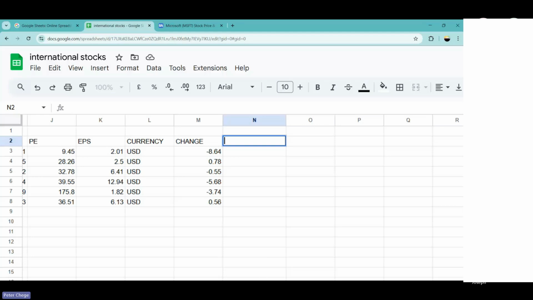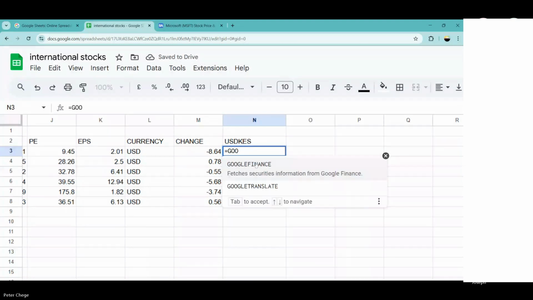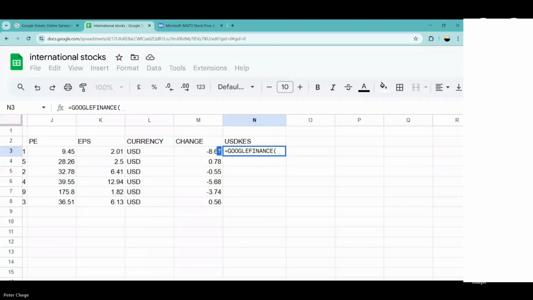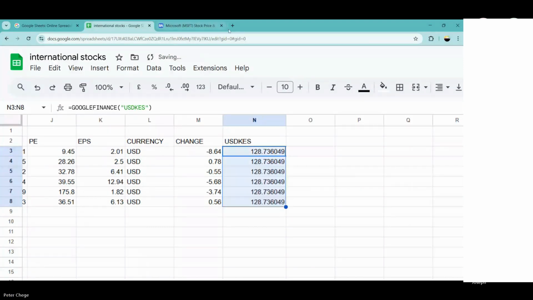cash. So again, we use our formula, GOOGLEFINANCE, in double quotes, USD cash. Just put it for today. Somebody maybe can confirm USD to cash.